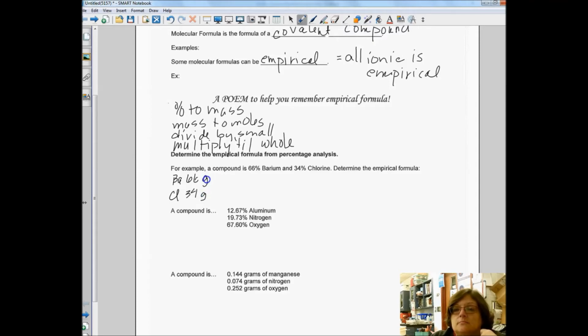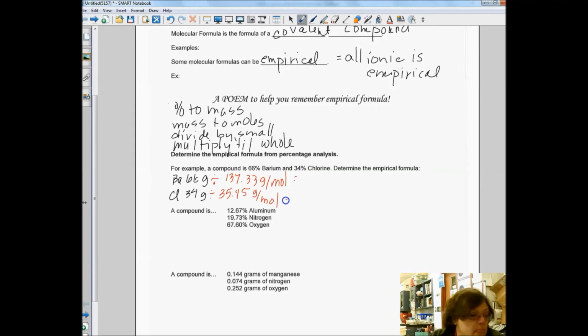That's the first step. Hardest thing you'll have to do this year. Second step, you're going to change that mass to moles. So you're going to divide 66 grams by 137.33, because that's the atomic mass of barium from the periodic table, and divide 34 by 35.45 grams per mole, because that's the molar mass for chlorine.